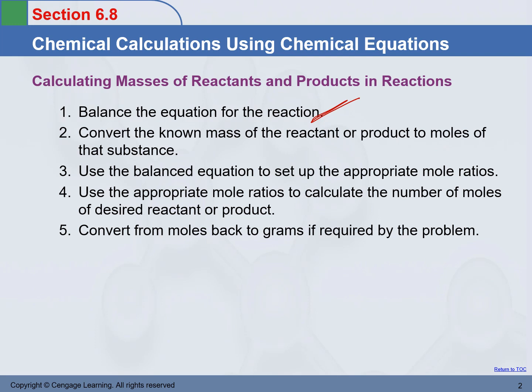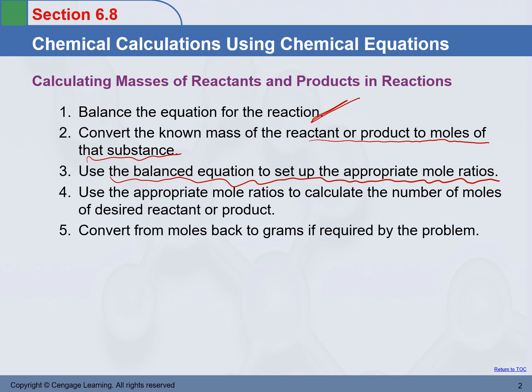If the mass is what is given, then you convert the known mass of the reactant or product, whatever is given, to the moles of that substance. Then use the balanced equation to set up the appropriate molar ratios to convert the moles of that substance to the moles of another substance.